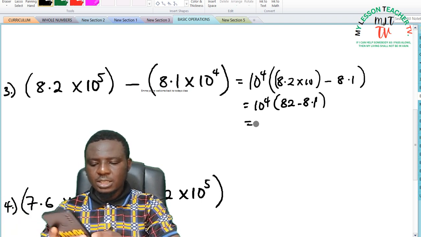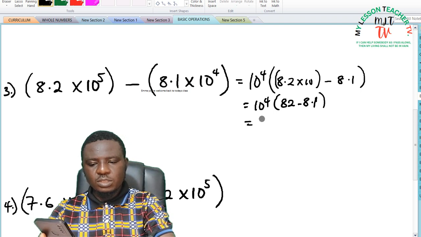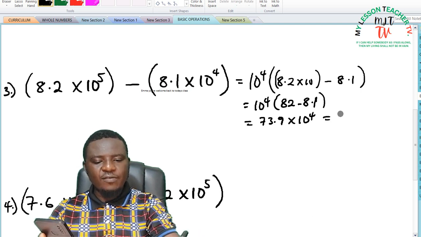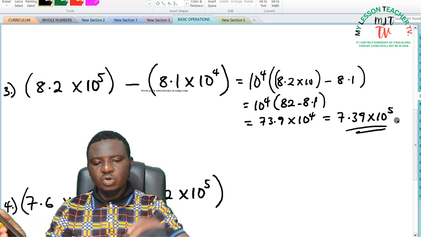And when you subtract, 82 minus 8.1 gives you 73.9 times 10 raised to the power of 4. Expressing it in standard form, we have 7.39 times 10 raised to the power of 5. So this is your answer.